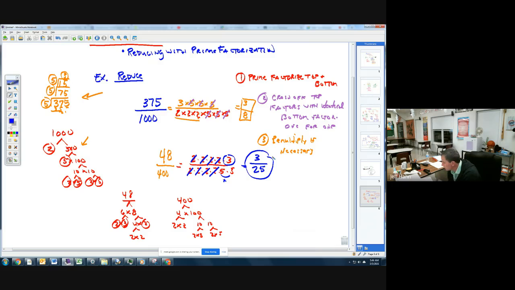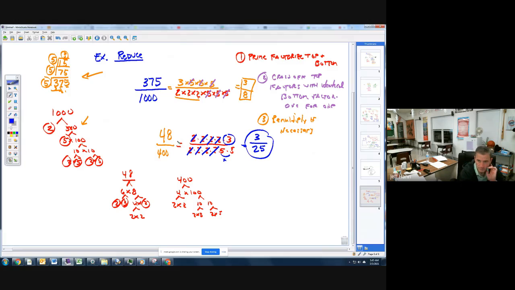Let's see if I can do one more here. Let's do 125 over 500. Give myself a little bit more room. This will be our last one. I need to reduce 125 over 500.